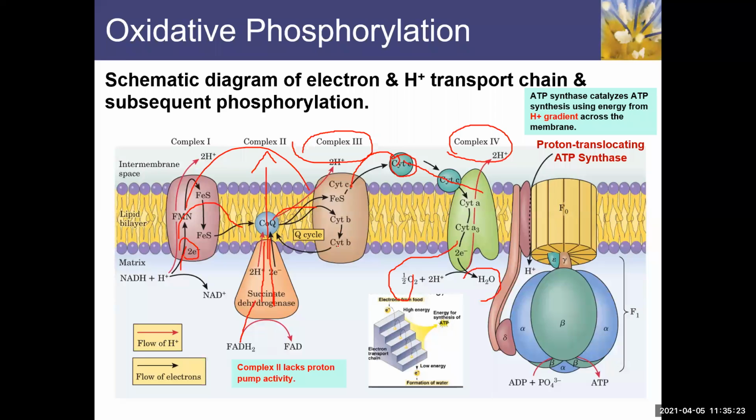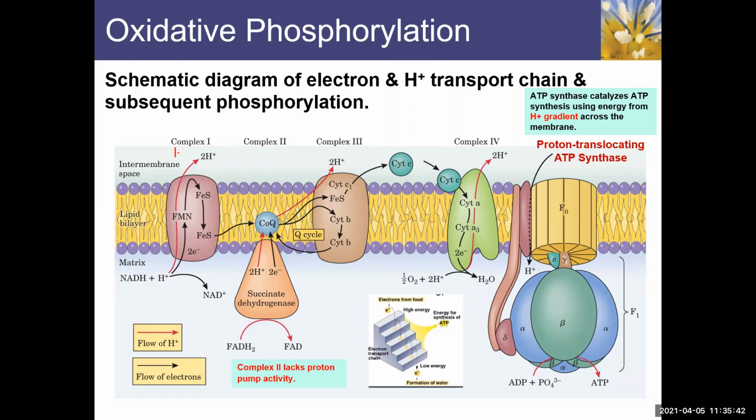So while the electrons are being passed from one complex of the electron transport chain to the other, we will have protons present over here, not outside. I'm sorry, I'm going to delete it. Give me a minute. So if you see here, we will have protons here. From complex 2 also we will have protons pumped over here, and complex 4 also will have protons pumped over here, right?